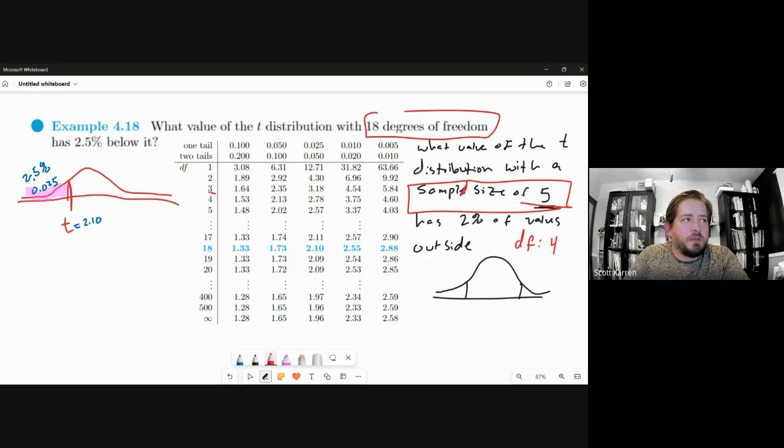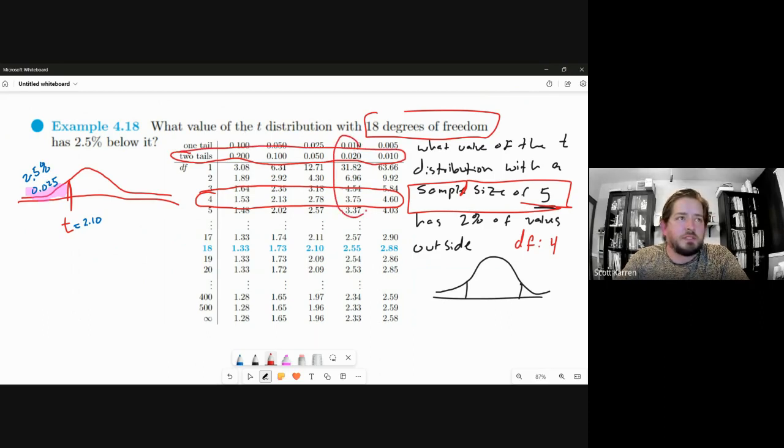And so I'm looking at the row with 4. And I'm looking for a 2% on my two-tail test. So I'm going to find what value corresponds to two-tail 2%, which is this guy right here. And so my value, the crosshairs there, is 3.75.